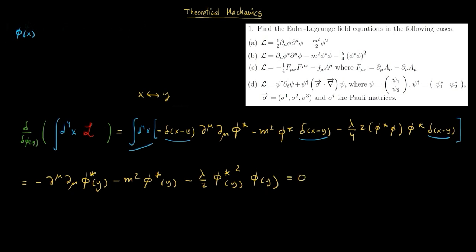So if we change the name y for x and factor out the minus sign, then the equations of motion obtained by means of phi of x will be partial mu phi star of x plus m squared phi star of x plus lambda over 2 phi star square of x phi of x equals 0.